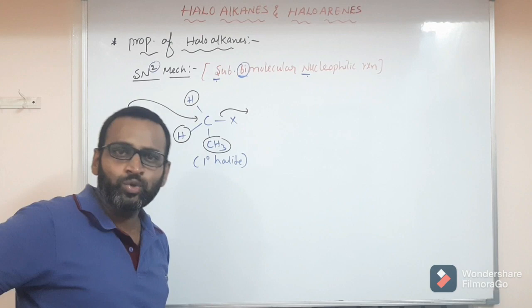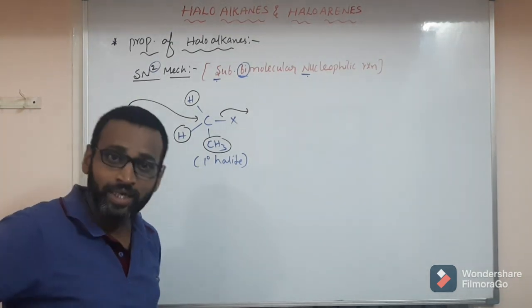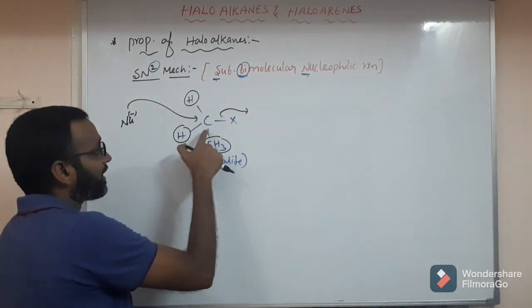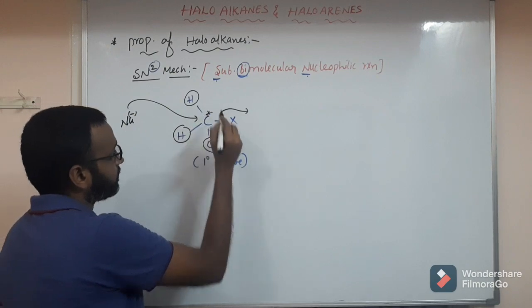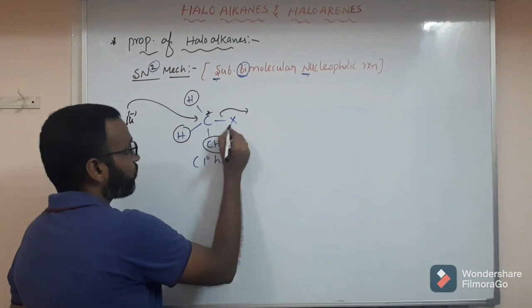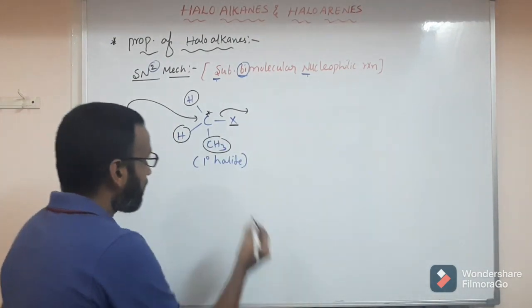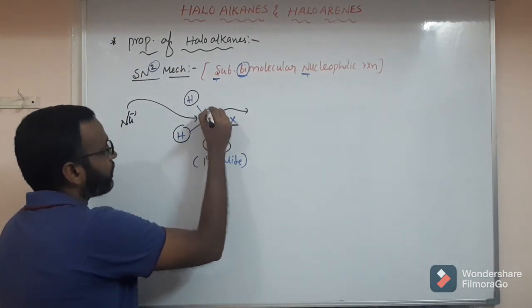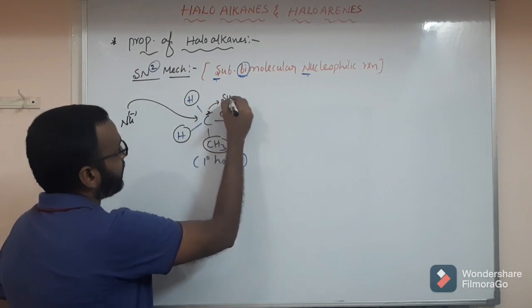So whether SN2 or SN1 happens, you can say based on the groups attached to a particular carbon. Which carbon do we have to consider? The carbon to which the halogen is attached. This particular carbon we call the substrate carbon.